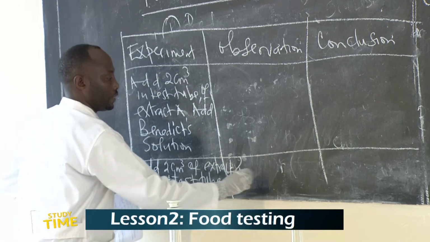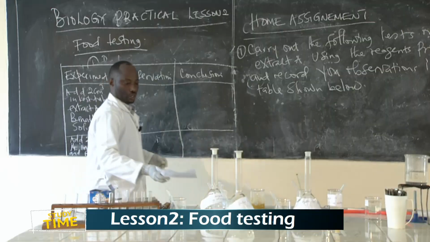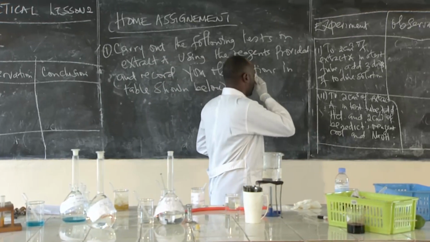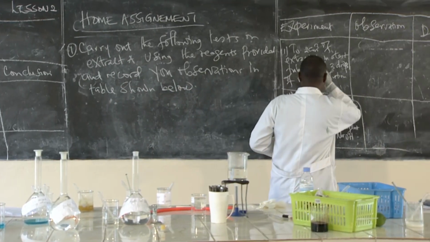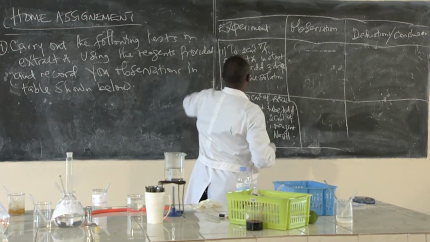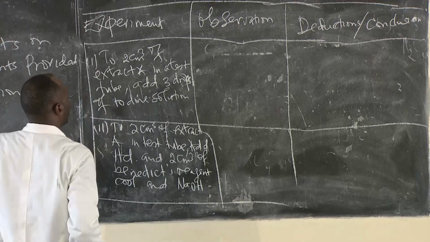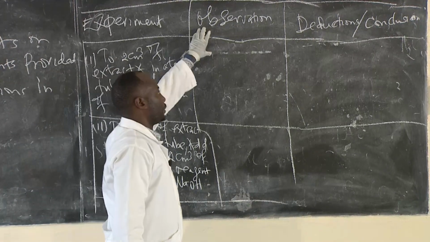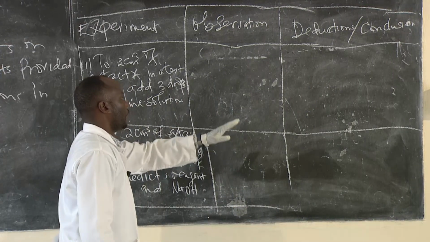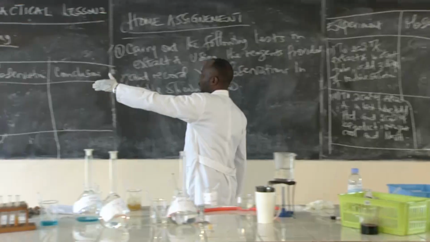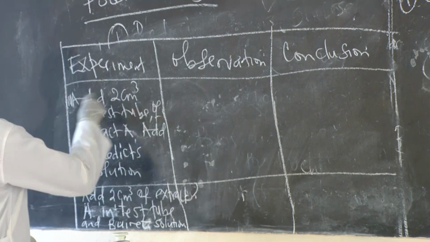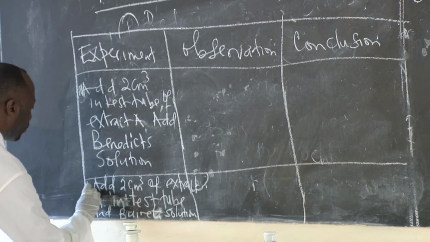Then make the observation and the conclusion. So you can see there are 3 experiments. This is Roman 1: you add this and make the observation and the deduction. This is question 2: you do observation and conclusion. Then experiment 3, Roman 3. You also do the same up to Roman 4.